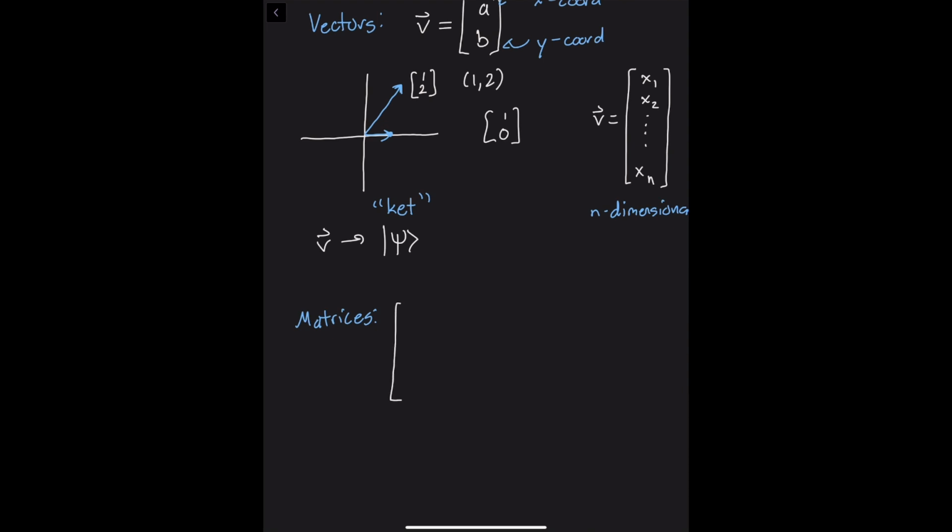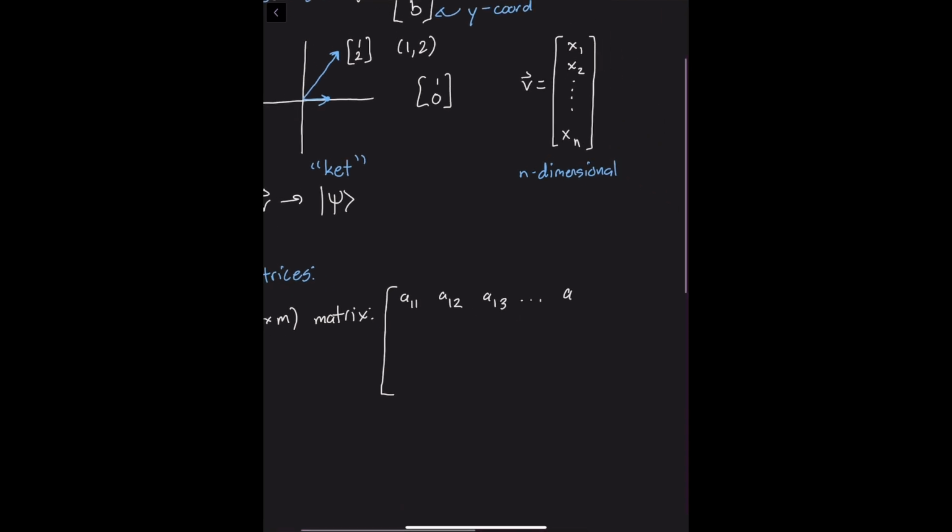An m by m matrix would look something like this. We have A11, A12, A13, and so on, all the way to A1n. And here we have A21, A31, and so on, all the way to An1.